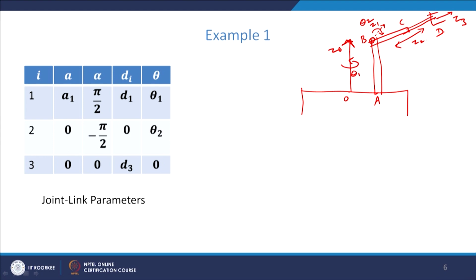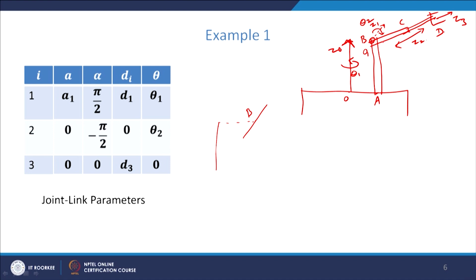So, if you take the shortest distance point, the point B is the point of the shortest distance, because Z0 line is like this, Z1 is perpendicular line. So, the shortest distance is intersecting at the point B here. So, that point is called the origin O1 for the second joint.